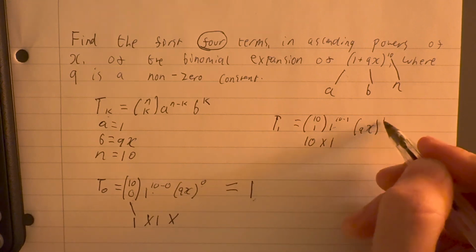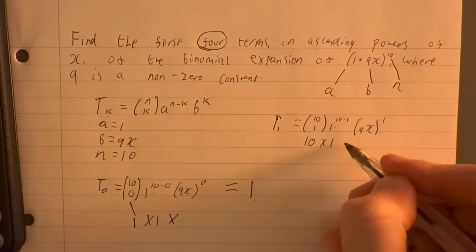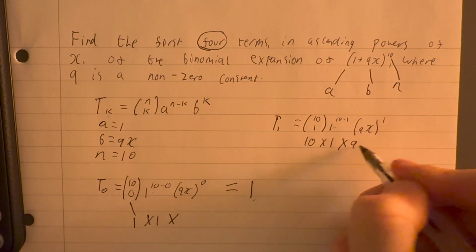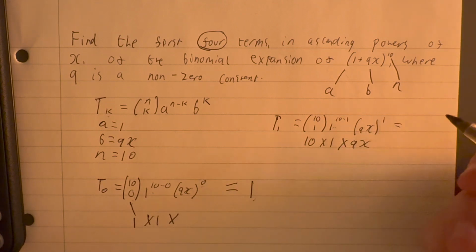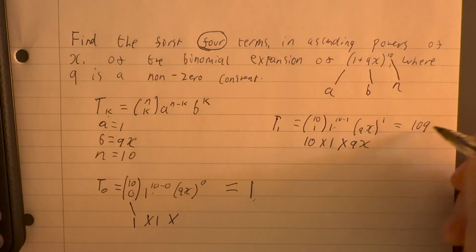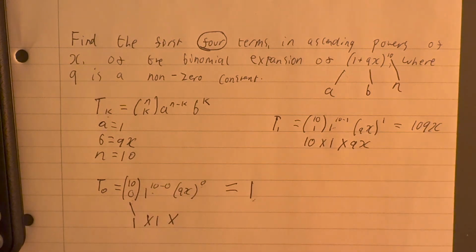And q to the power of 1, x to the power of 1 is still just going to be qx. So times qx, which is going to give us 10qx. And that's our second term. So we already have our first 2 terms, we just got 2 more to go. And it's the same procedure over and over again.